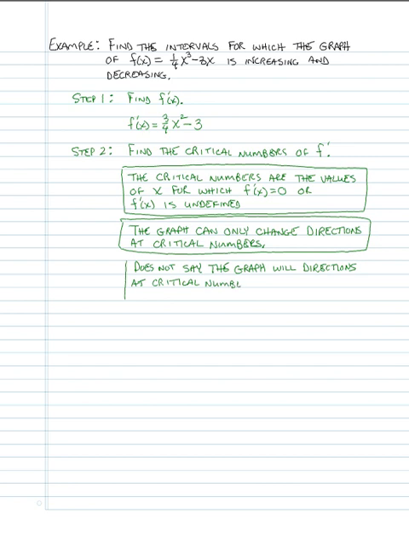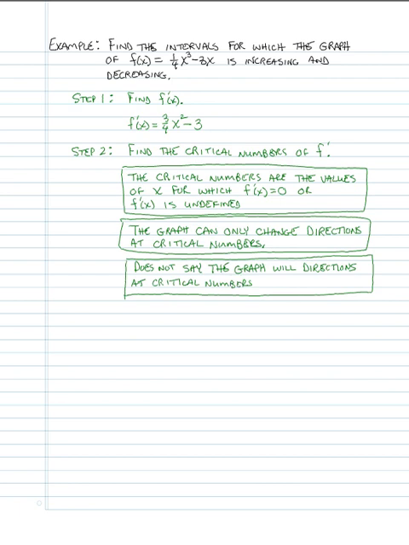In fact, we'll see examples in a bit where it doesn't change direction at critical numbers, but it never will change directions anywhere else. Okay. So that's the reason we're going through this, is that's going to help us find the boundary where it changes directions. Okay, well, let's get back to what we were doing.